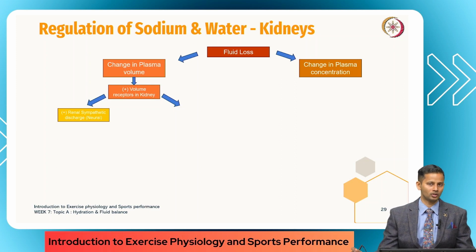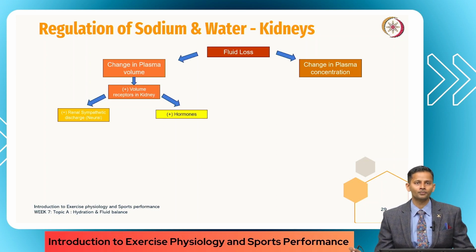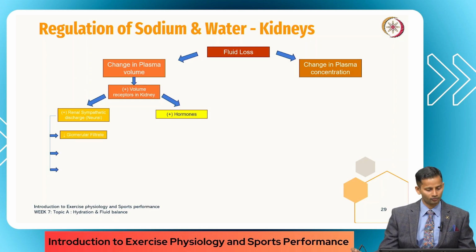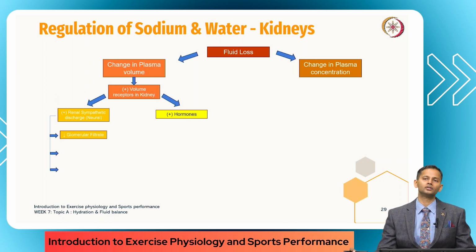One is by neural mechanism through the sympathetic nervous system, and the other one is by the stimulation of the hormones. By stimulating the renal sympathetic system, it results in decreasing the glomerular filtrate. What is glomerular filtrate? The functional unit of the kidney is called the nephron, right?